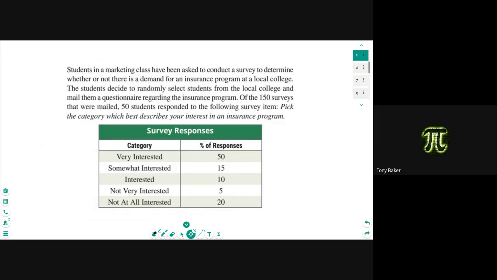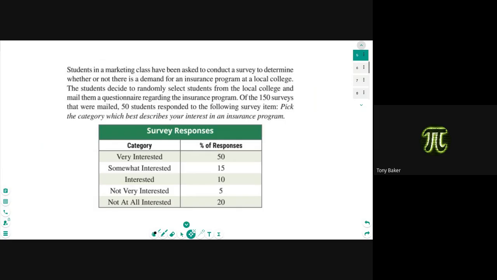Somebody other than the two that always answer me. Yes, I would say yes, because it says that the students decide to randomly select students. Okay, so they randomly selected the 150 surveys they mailed out.